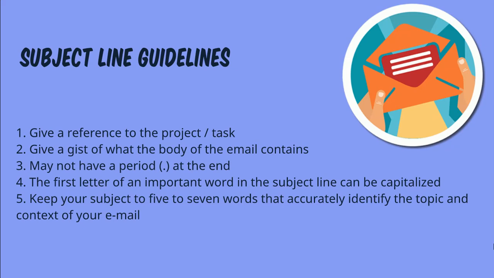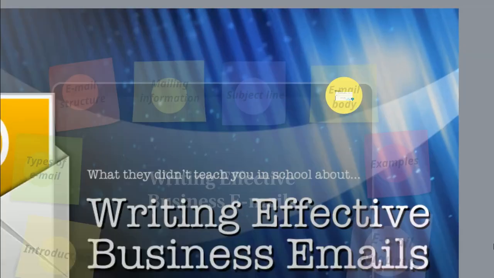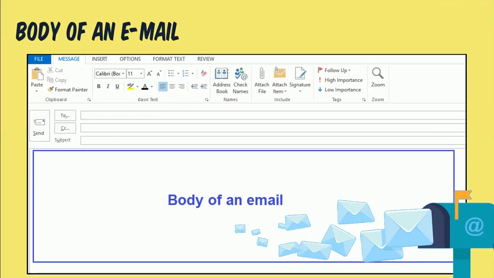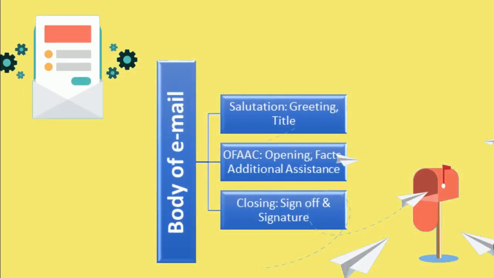Moving to the last segment, the body. The highlighted area is the body of the email and can be divided into different sections and paragraphs. First, we have the salutation, where we greet the recipient with an appropriate title and name.